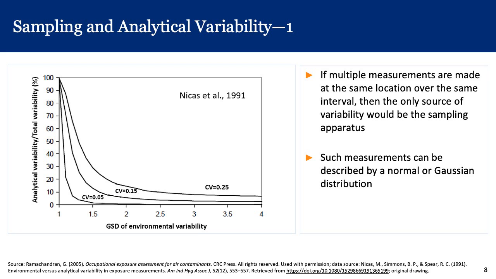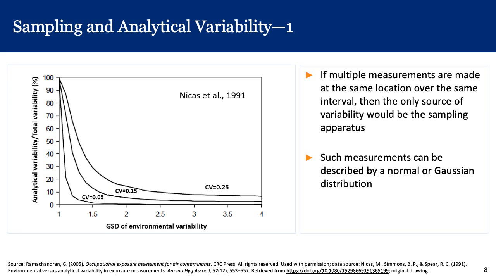And on the y-axis, you have a ratio of analytical variability to total variability. So the analytical variability, as I just mentioned, comes from just the sampling and analytical techniques used to analyze each measurement, whereas the total variability is the combination of analytical variability and the environmental variability.